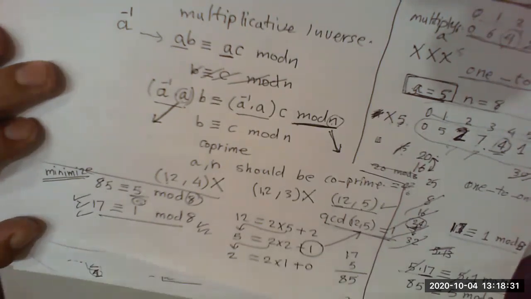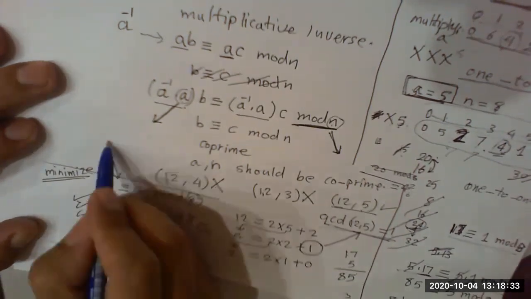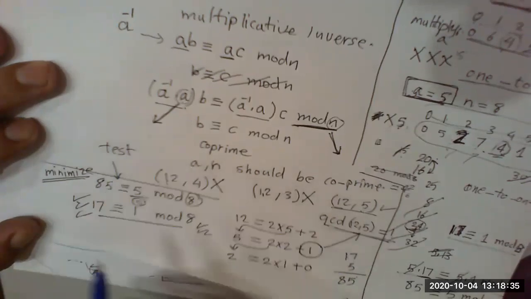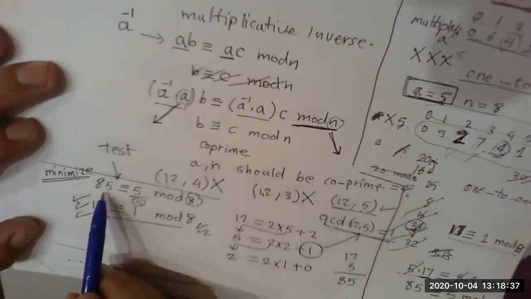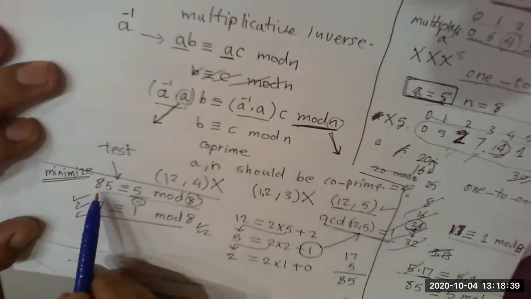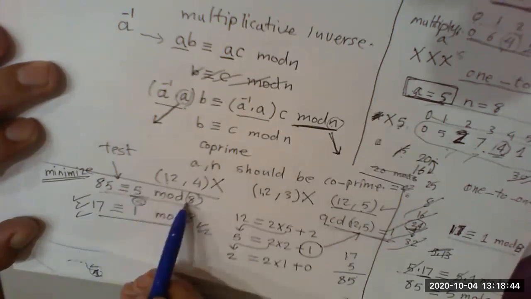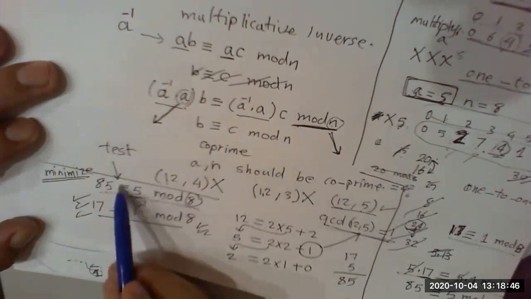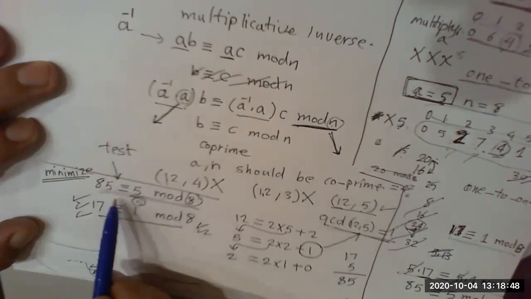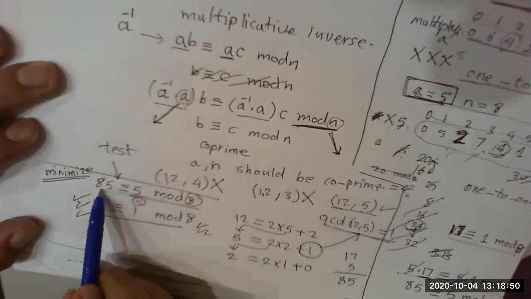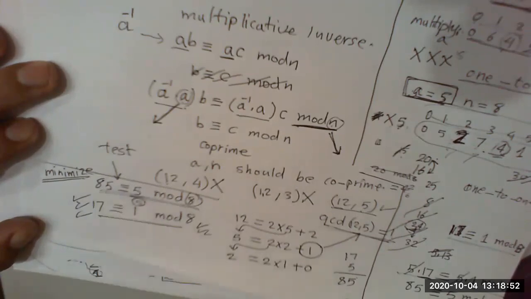Okay, so if I get in an exam, in a test, this property or expression, he's telling me 85 is congruent with 5 mod 8, this means I can minimize the equation by dividing by 5, because I have a multiplicative inverse of 5 here.